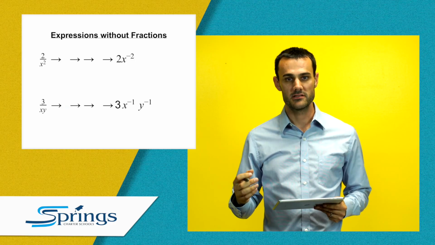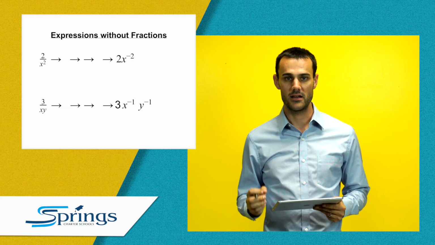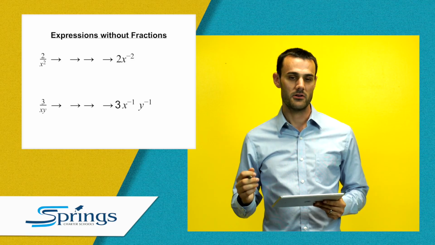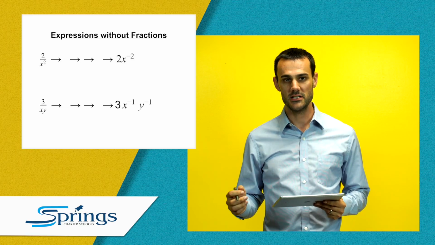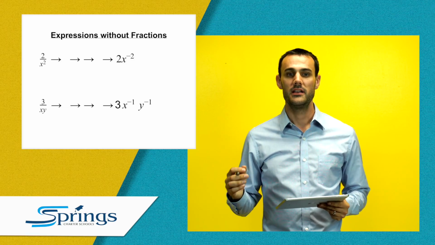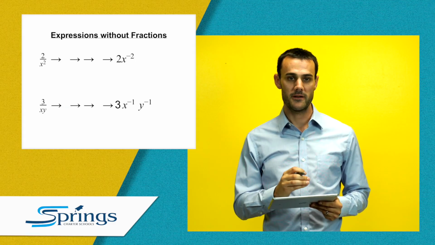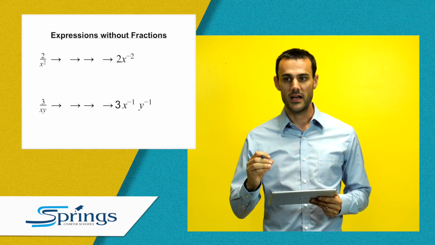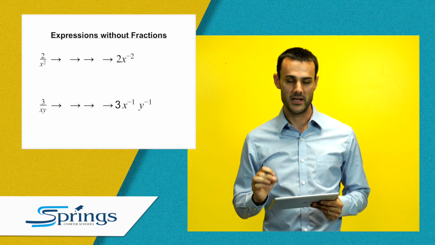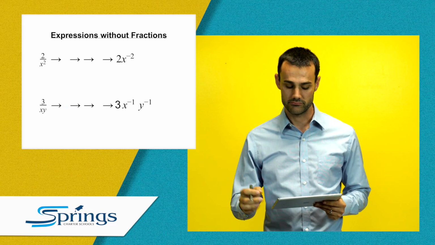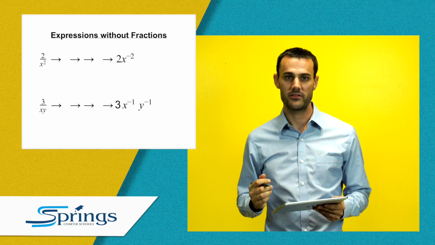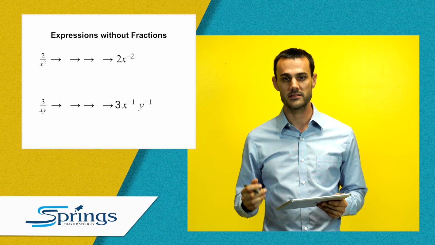And when we move things around, we're actually going to have to add in a negative exponent here. So 2 over x squared is actually equal, with no fraction, to 2 times x raised to the negative 2 power. Because I brought it from the denominator up to the top, I had to put in that negative sign with our exponent.